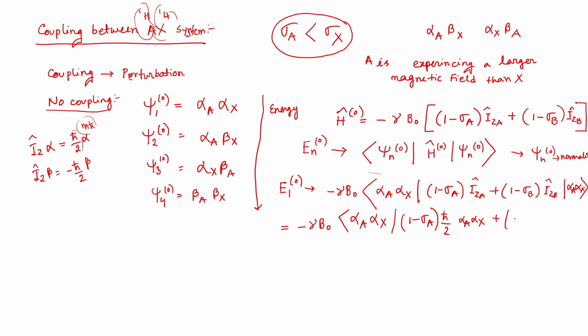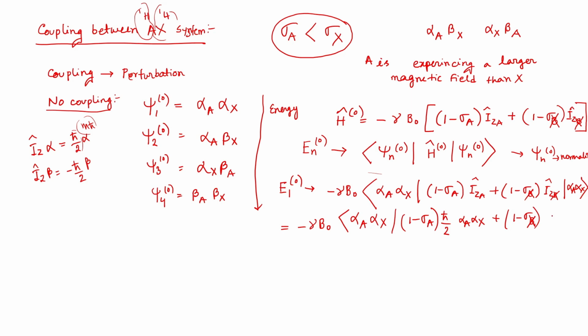And what else are we going to have? (1 − σ_X). Now this is going to operate only on the I_zX. Actually I have written it wrong. I_zX, right? I have written all the things wrong.